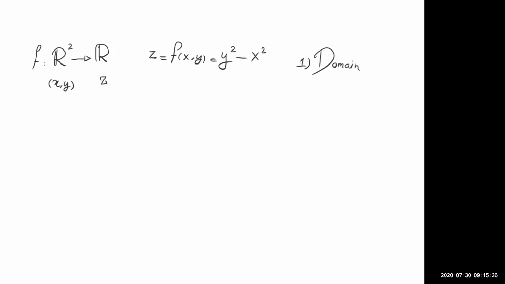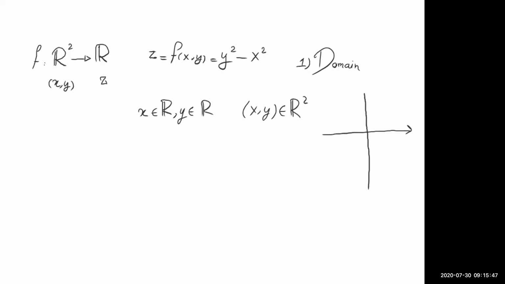There is nothing to restrict the values of x and y. So x can be anything in R, y can be anything in R. So the pair x and y can be anything in R squared. In other words, the domain of this function is the whole plane.